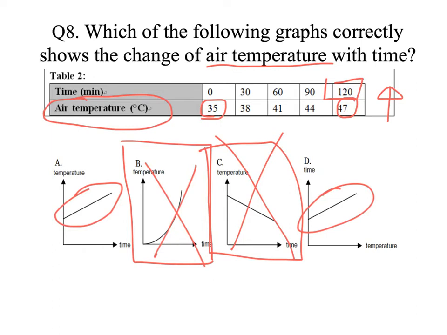So in this case, what we need to know is how we decide which should be in the y-axis and which should be in the x-axis. This is based on a very simple rule in science.